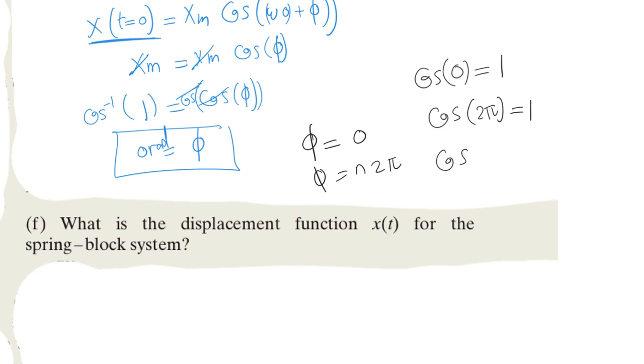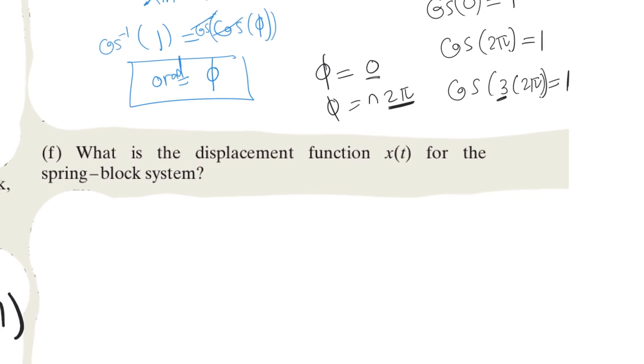Okay, if we say cosine of, for example, 3 multiplied by 2 pi, I mean an integer multiple, it will also be 1. So phi will be 0 or any multiple of 2 pi.